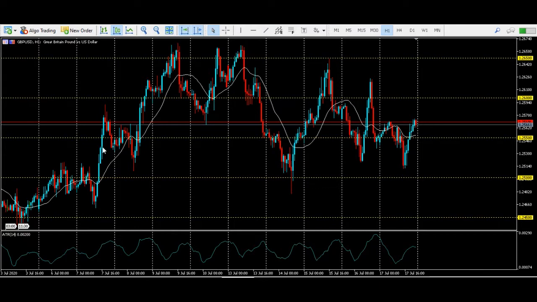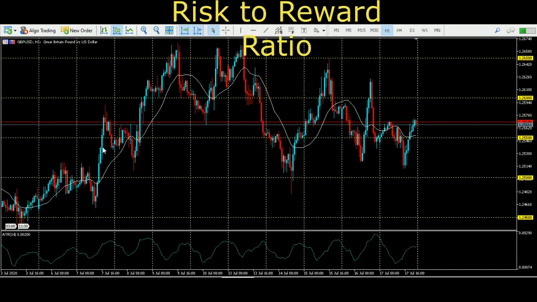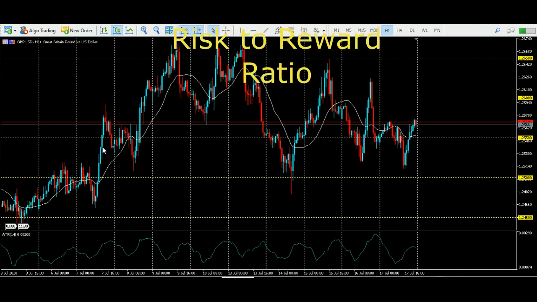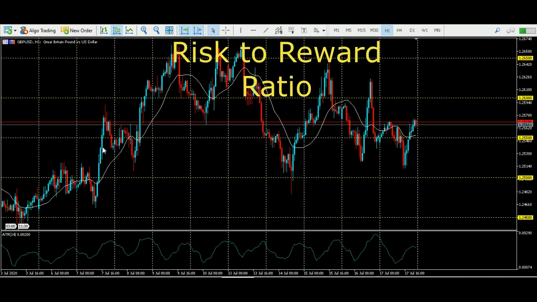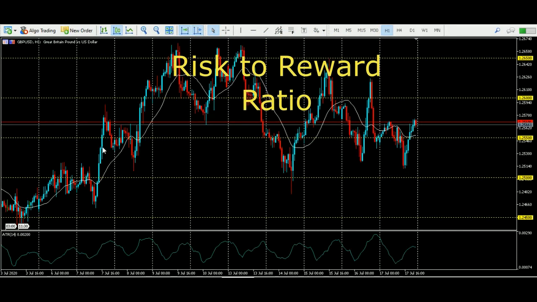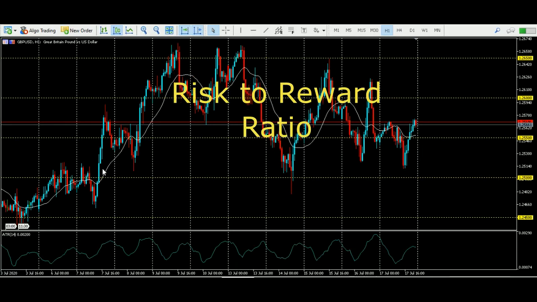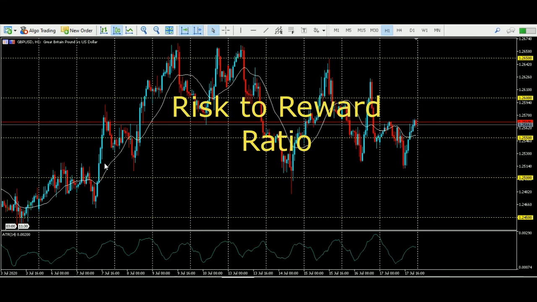Now, I know most of the literature when it comes to trading always talks about having a positive risk to reward ratio, or at least that what you are risking should be equal to your target or your reward. So say for this strategy, we're aiming to make 25 pips.